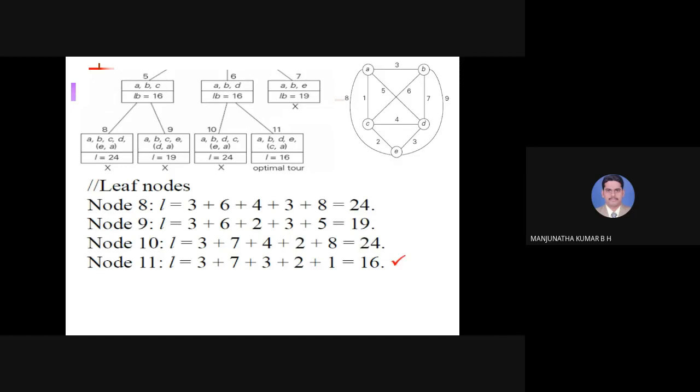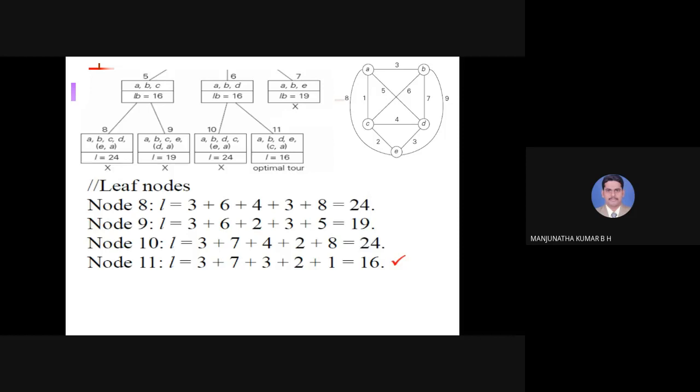Once I explore fifth node, I will get two more nodes, that is node 8 and node 9. When I explore node 6, I got 2 more nodes, that is node 10 and node 11. So I am going to call the nodes 8, 9, 10, 11 the leaf nodes, because after this you need not explore any more nodes.